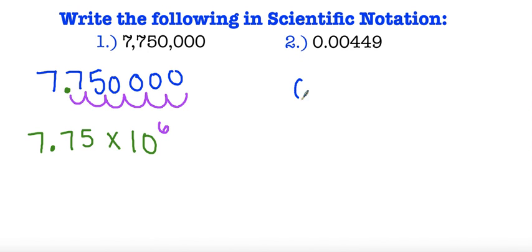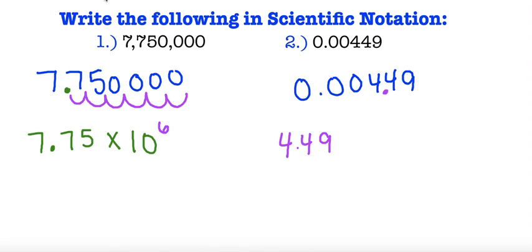So I'm going to rewrite our value. And I want my first value to be between 1 and 9. So I'm going to put my decimal here because by being here, I would have 4 and 49/100. And I would have to multiply that by 10 to the power of negative 3. And that's it.